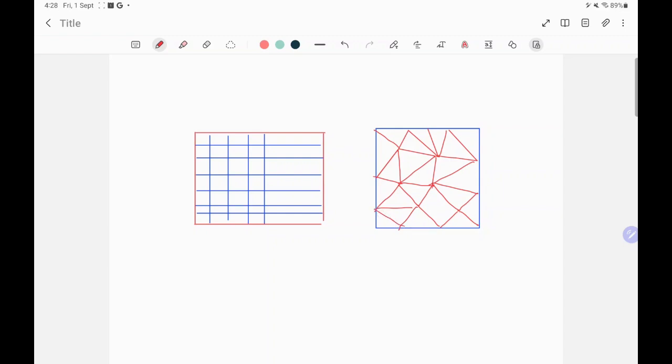This is called discretizing the domain. You break it into smaller parts.